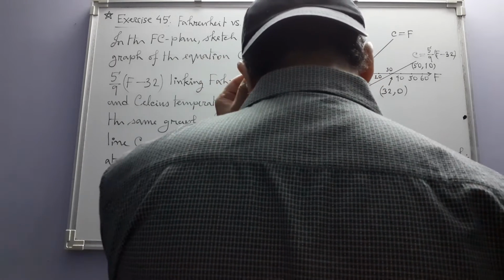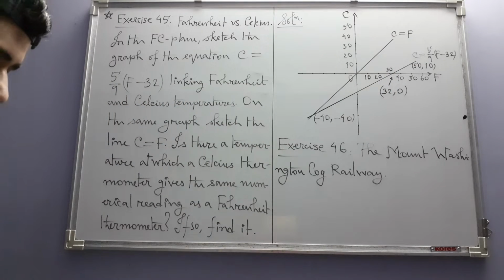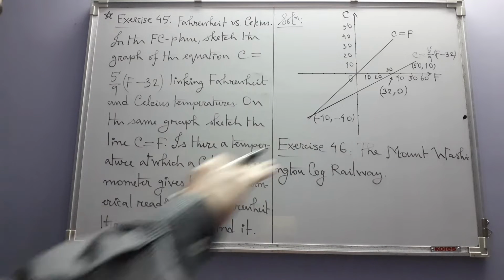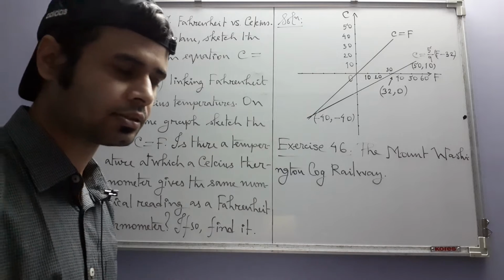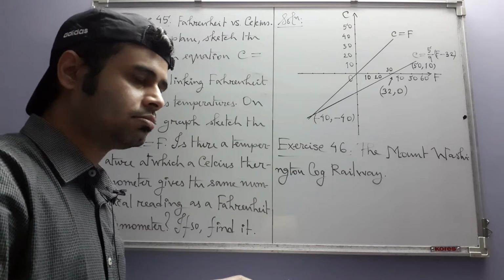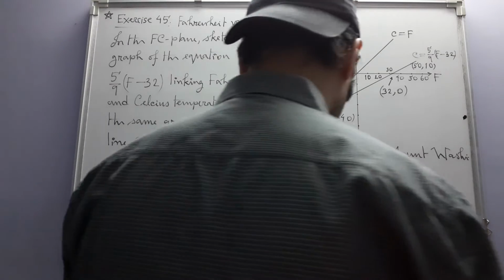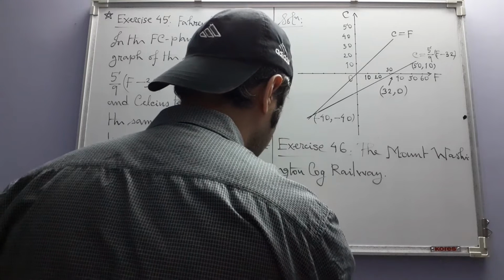The exercise is a bit long. It says about how civil engineers calculate the slope of road beds and other similar surfaces which may not necessarily be horizontal. So the exercise is like this.